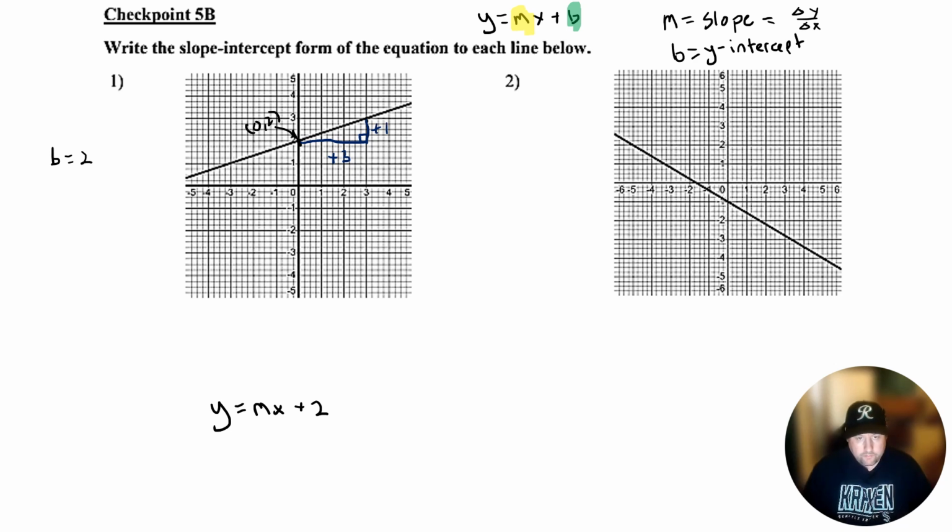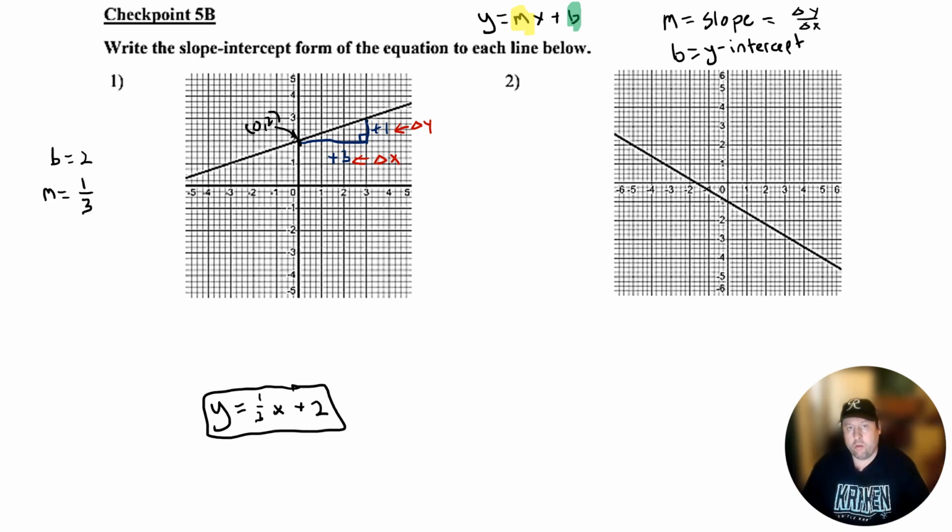This is my delta y value, and this is my delta x value. So my slope will be delta y 1 over delta x 3, which is 1/3. Since 1 and 3 are not divisible by any number other than 1, I take the m in my equation and replace it with 1/3, and that is the answer for my line.